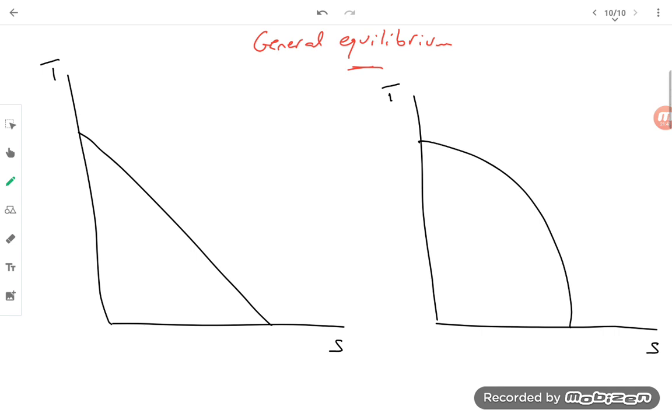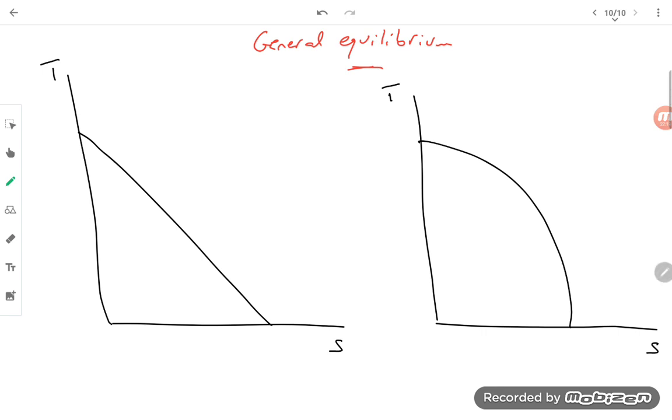In case of straight line PPF, PPF is similar to price line.